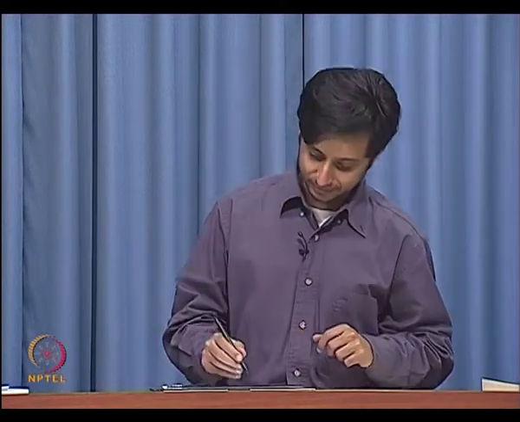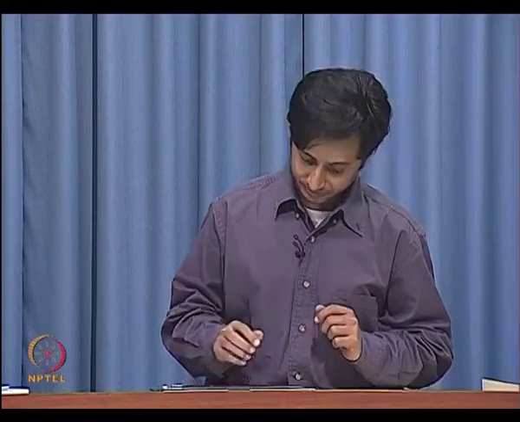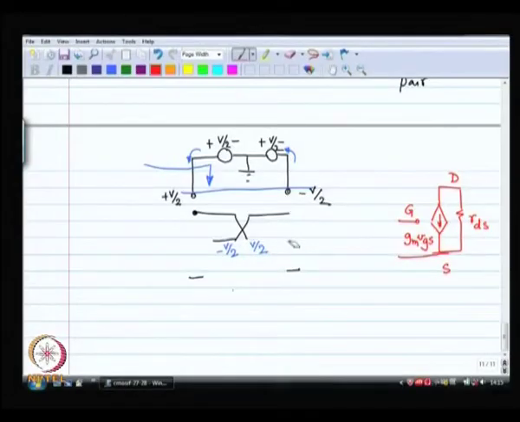In addition to DC, we are going to get some parasitic capacitors here and there, but our primary concern here is DC, in fact the resistive part of it. So, that is why I have conveniently thrown out all the capacitors. Let us replace the MOSFET with its small signal equivalent model.